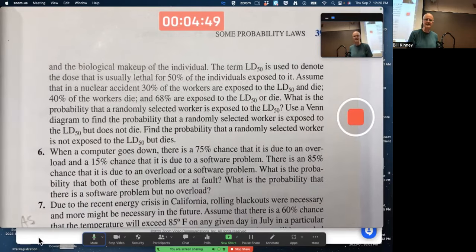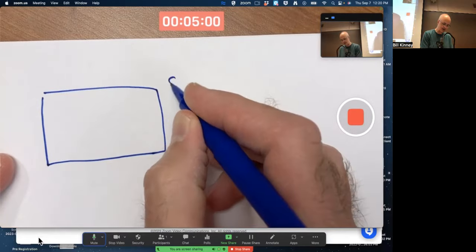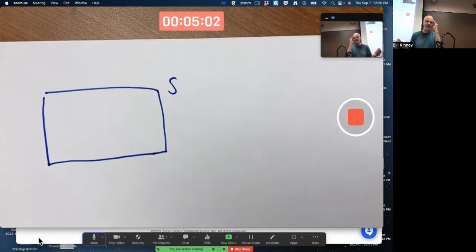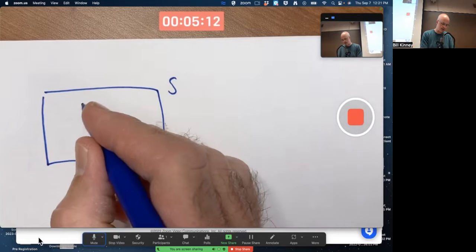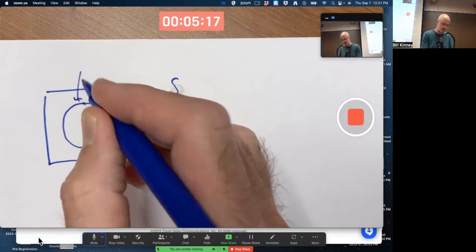Let's go ahead and take these numbers and put them into a Venn diagram. So this is your sample space. You can think of the sample space in this case as representing all the workers at the power plant. Some number of them are exposed to LD50. I'll just call it LD for short.